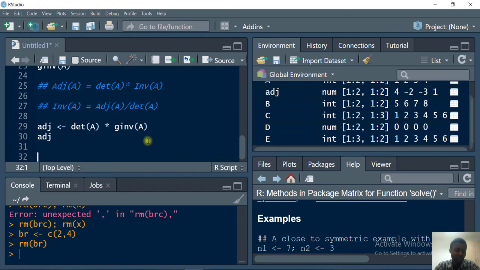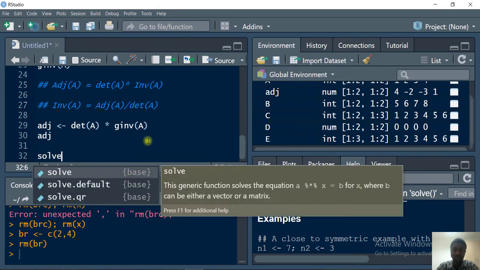Before I go, I'm going to talk about some other functions we can use when working with matrices in R. One of them is the solve function, coming from the base package. It is a generic function that solves the equation A multiplied by X equals B for X, where B can either be a vector or a matrix.